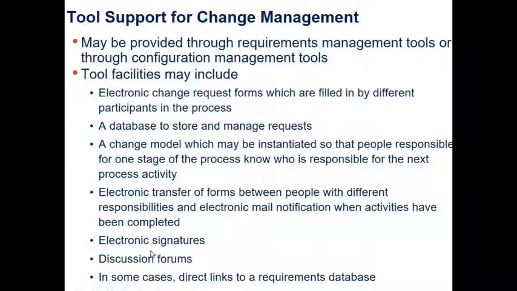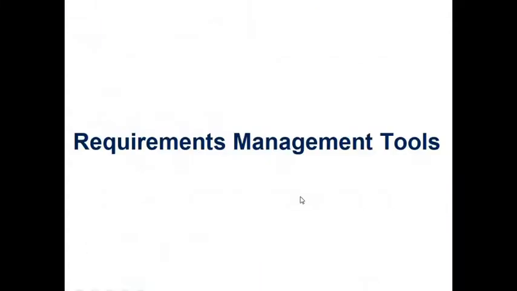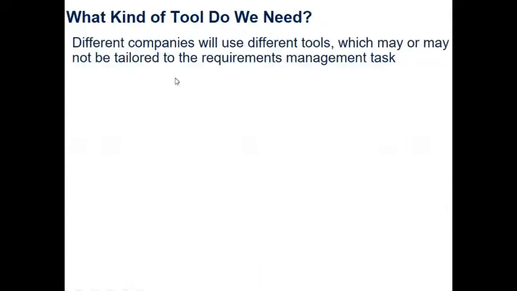You can have electronic signatures, you can have discussion forums, you have lots of collaborating platforms these days, right? So those are some tools. In some cases, direct links to a requirements database can be set up.